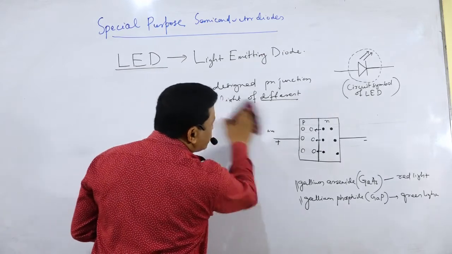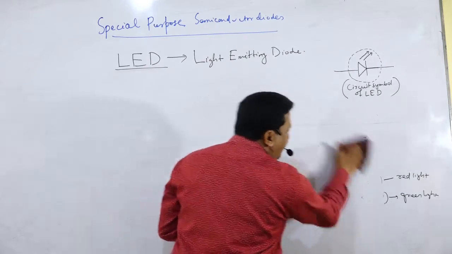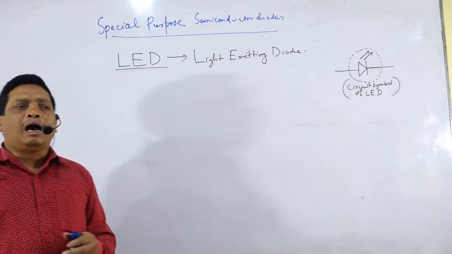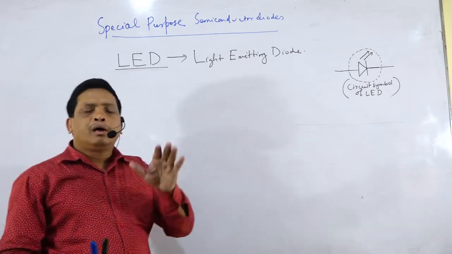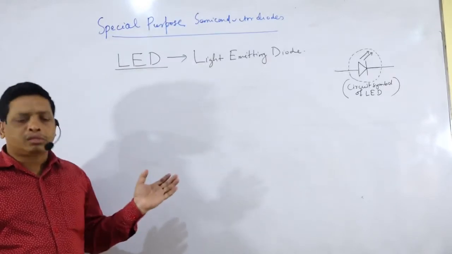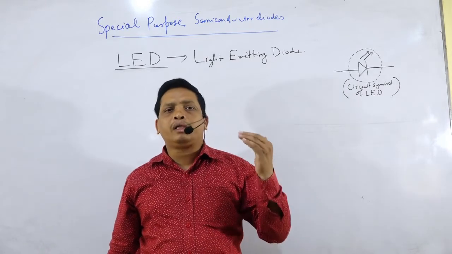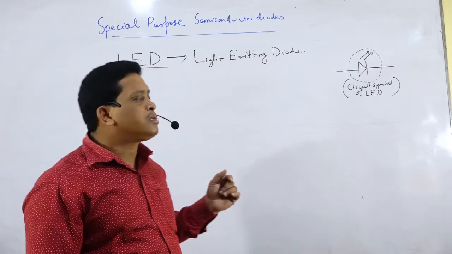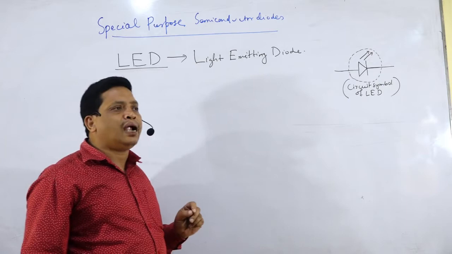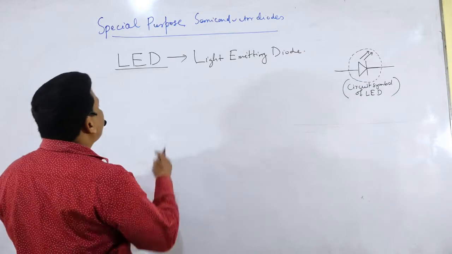Now let us discuss some merits of LEDs. Nowadays, LEDs are widely used and they have replaced the incandescent lamps. We are using LED bulbs at our houses, and we are no longer using those incandescent lamps. It is because LEDs have many advantages.